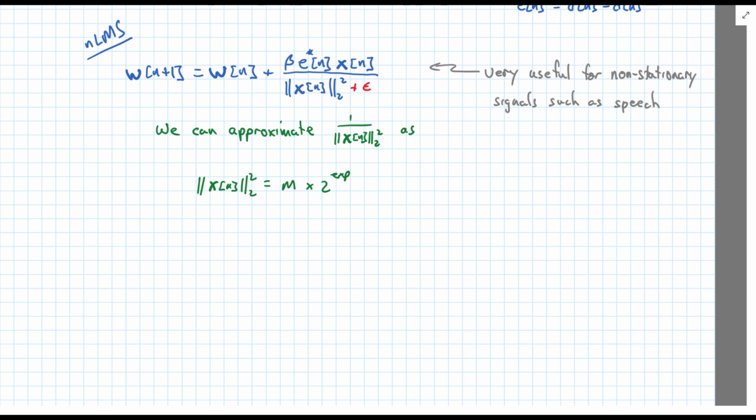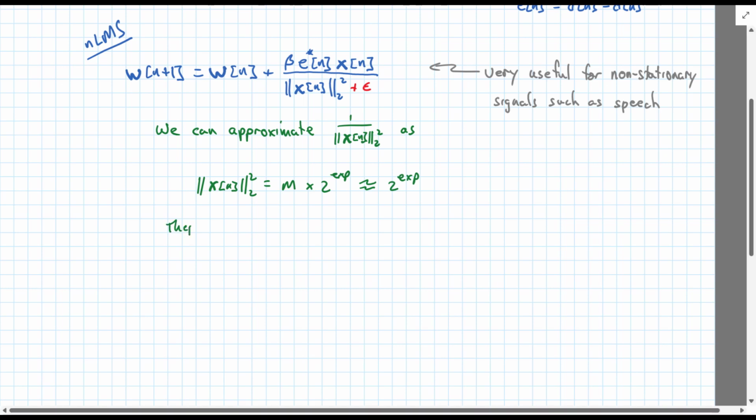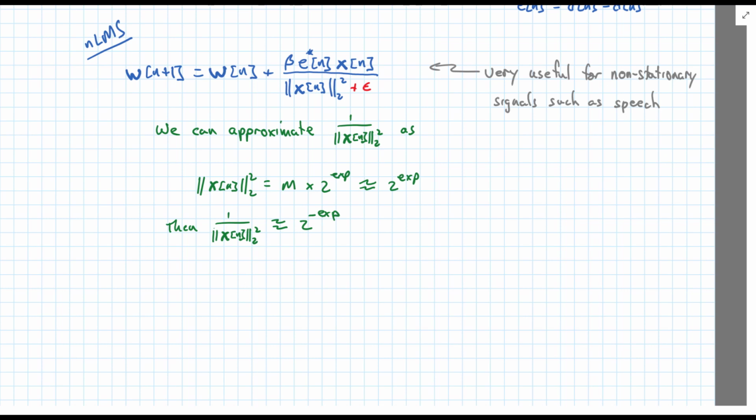So that's a normal floating point format. The trick comes in just assuming that that's going to be approximately equal to a mantissa of 1, which isn't too far off, and that works out okay. Then 1 over the norm of x squared is approximately equal to 2 to the negative exponent.